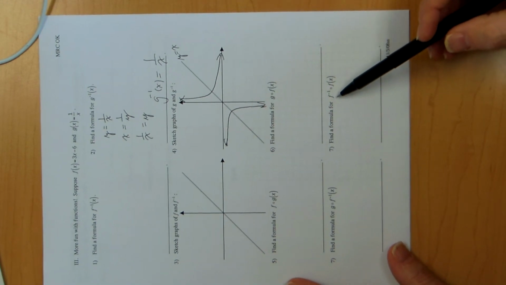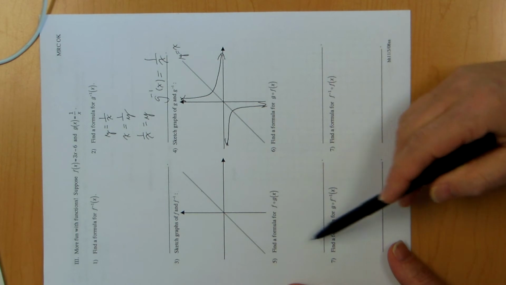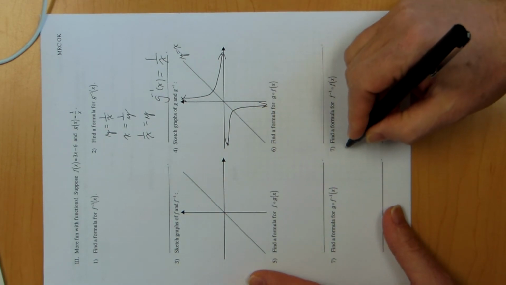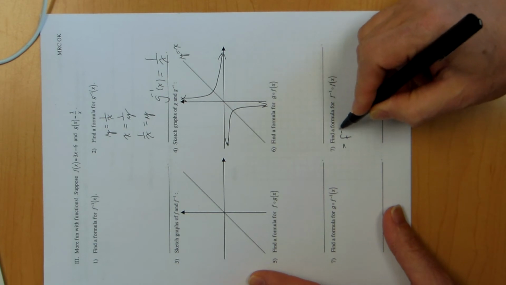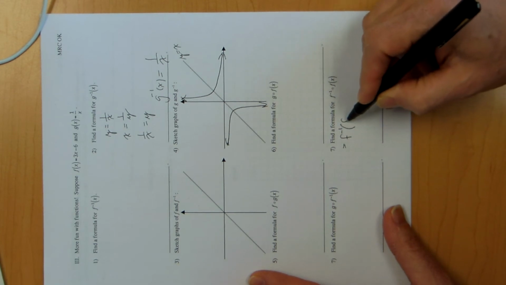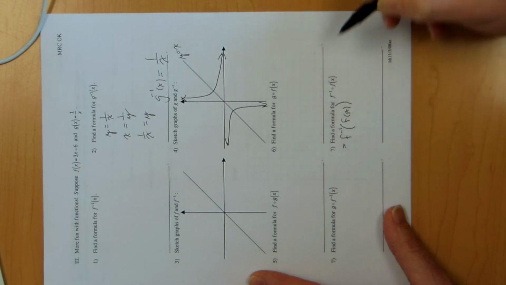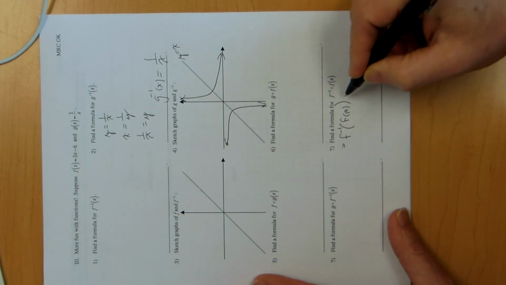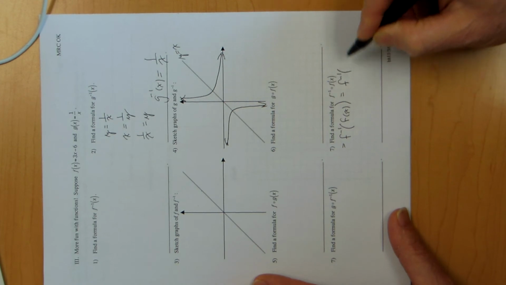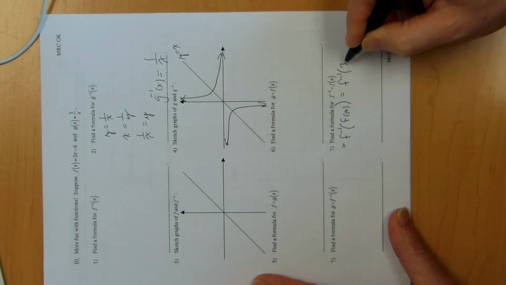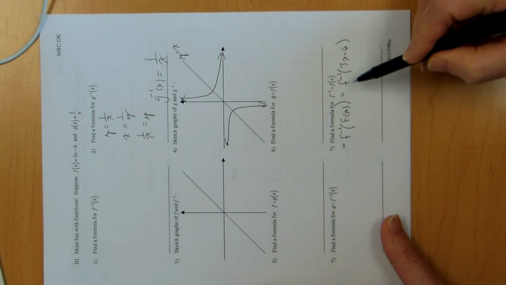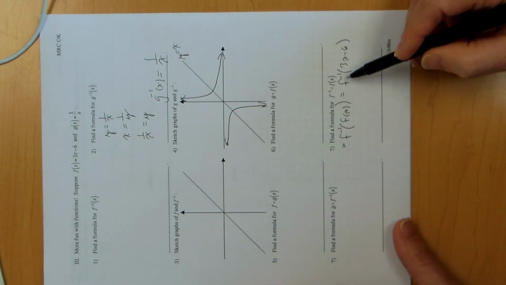Find a formula for f inverse composed with f. Anytime you see compositions, start out with the definition step, f inverse composed with f of x, or f inverse of f of x, and then fill in f of x. So in here, f of x is 3x minus 6, and you're going to input that into the formula for f inverse that you figured out up here at the top of the page.